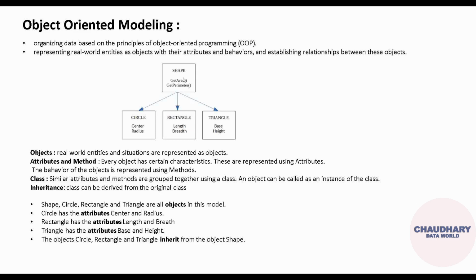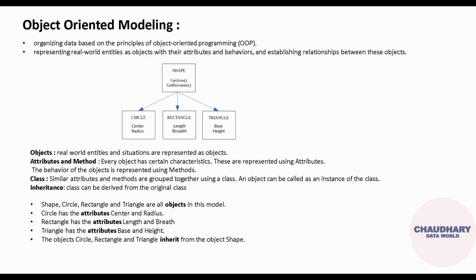Now we come to what is object, attribute, method, class and inheritance. These four things are famous in object oriented modeling. So let's understand it minutely: an object is nothing but a real world entity. It might sound confusing. You can visualize it like this: suppose you have a mobile phone, correct? That mobile phone is an object, which is a real world entity.